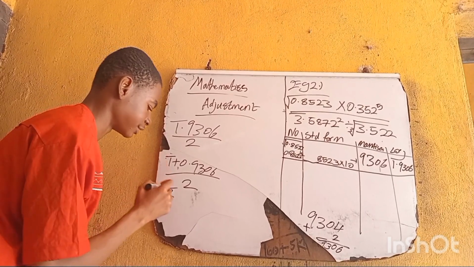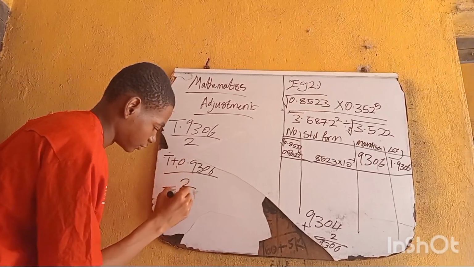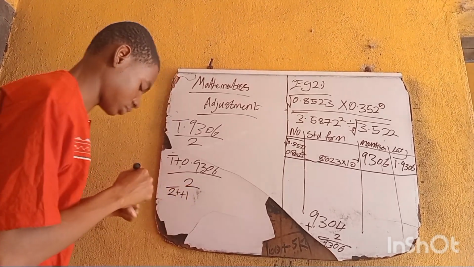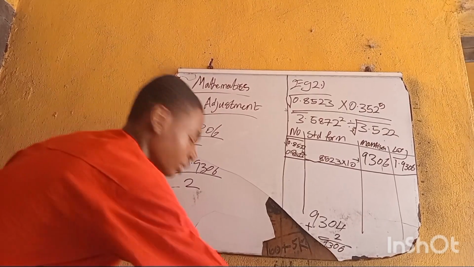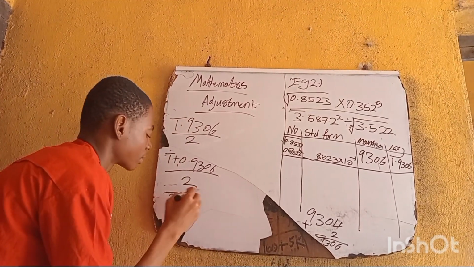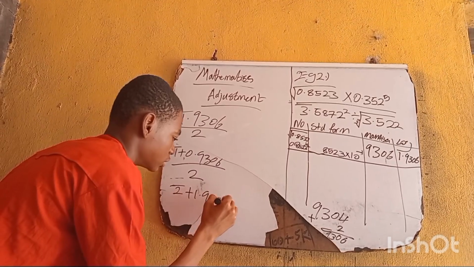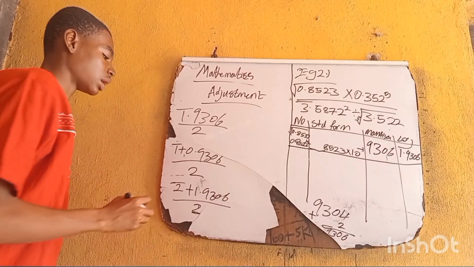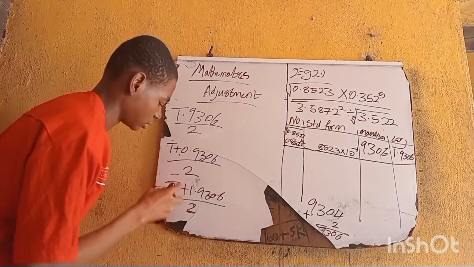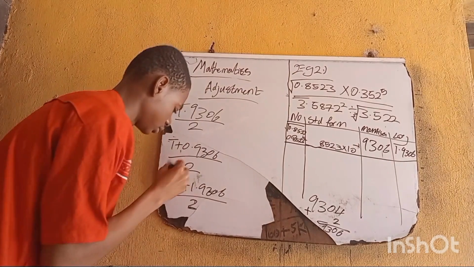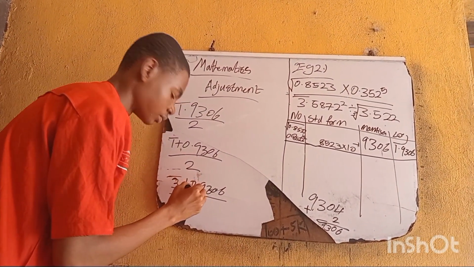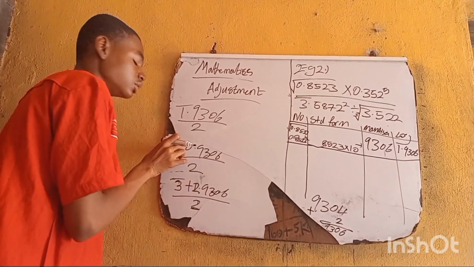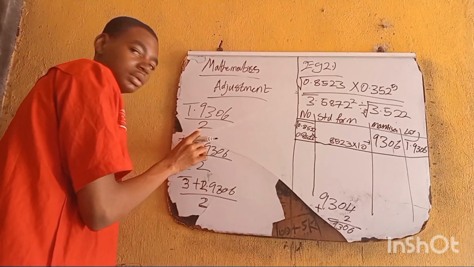Let's say we add 1 here: bar 2 over 2, plus 0.9306 over 2. If we add 2 here, it becomes bar 3 plus 2.9306. Added 1 here, it becomes bar 2. You add 2 here, it becomes bar 3.